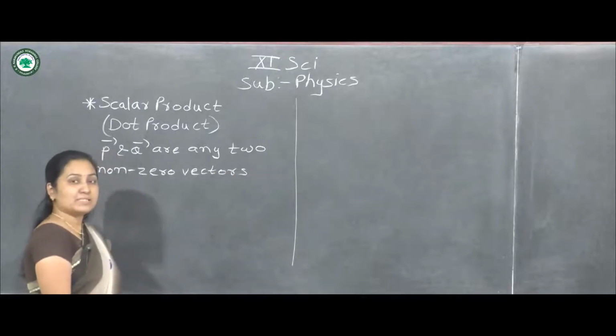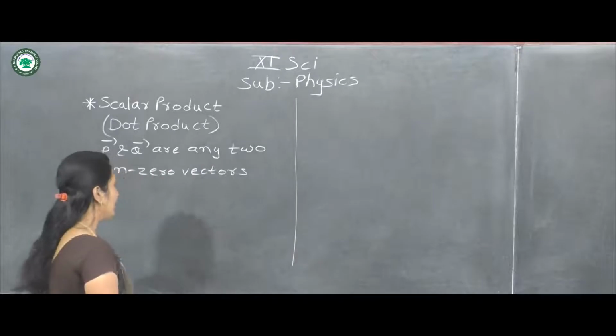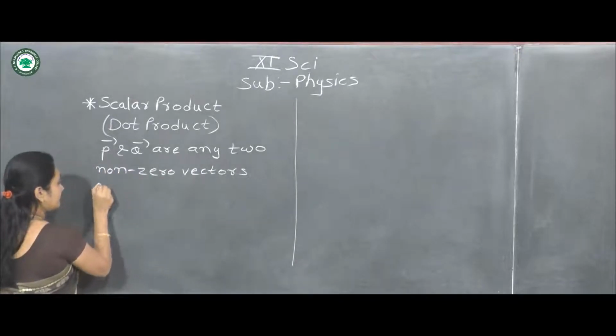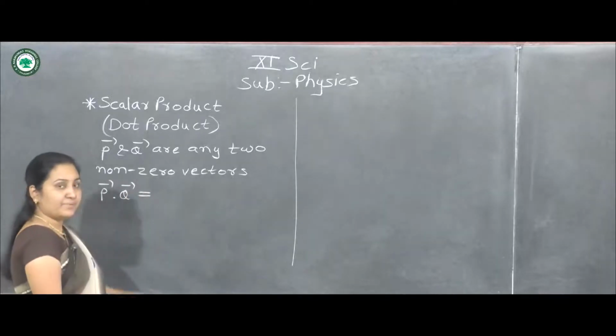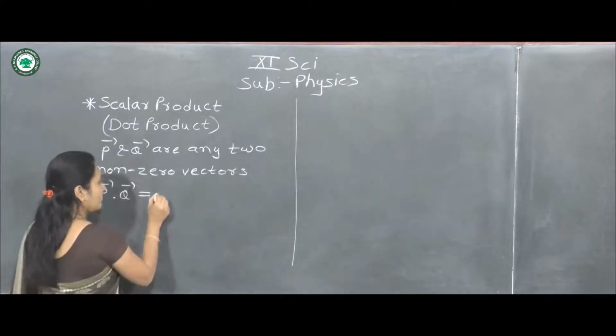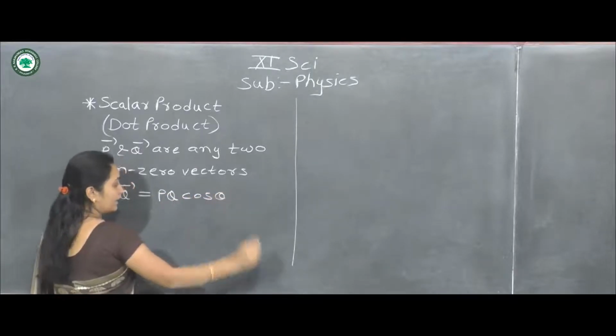then the scalar product or dot product of these two vectors is written as P bar dot Q bar, and it is given by the formula PQ cos theta.